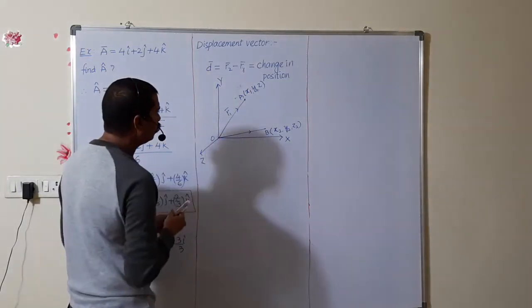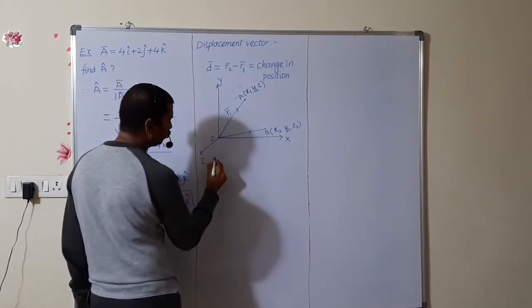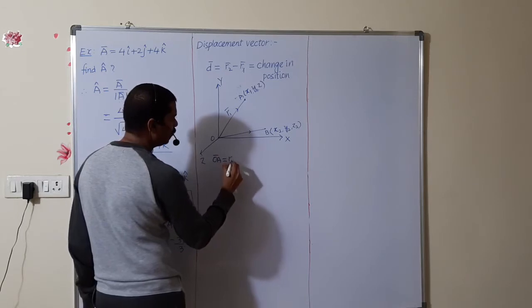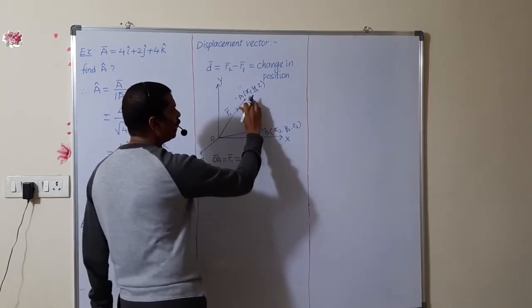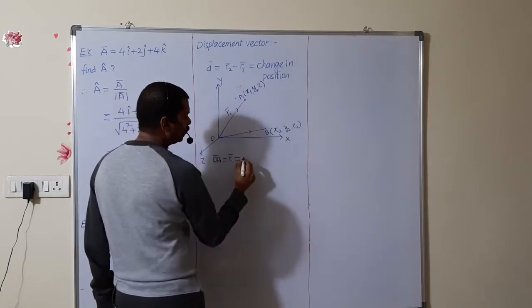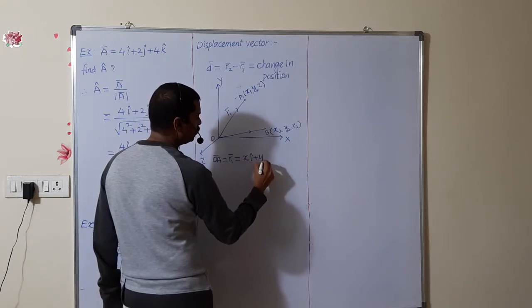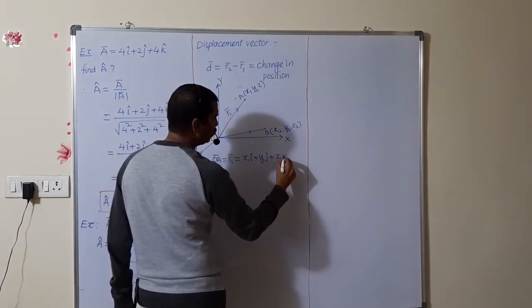By using these two, we can write the position vectors. What is the first position vector? OA is a vector, represented by the R1 vector. It is a position vector, with coordinates x1, y1, z1. So R1 is x1 i cap plus y1 j cap plus z1 k cap.